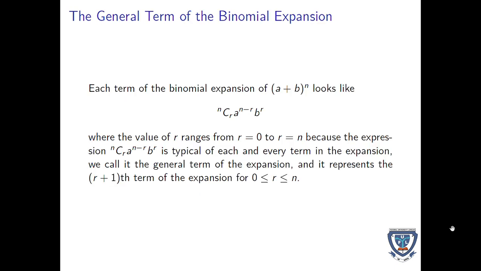Now, the general term of the binomial expansion. Each term of the binomial expansion looks like nCr a to the power n minus r, b to the power r, where the value of r ranges from 0 to n, because the expression nCr a raised to power n minus r b raised to power r is typical of each and every term in the expansion.